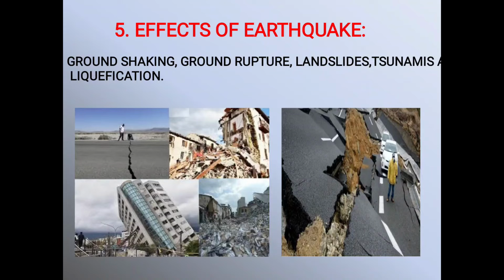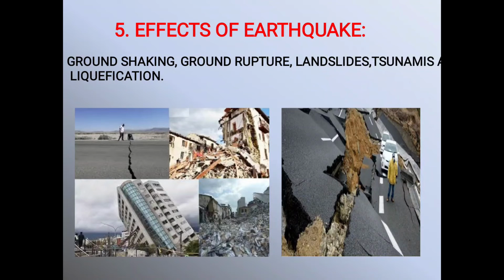Actually, the industries, settlements, harbors or ports which are located along the coastal areas throughout the world may be damaged because of the tsunami. The tsunamis damage the coastal scenario of that particular area where the intensity of the earthquake shocks is more on the Richter scale.